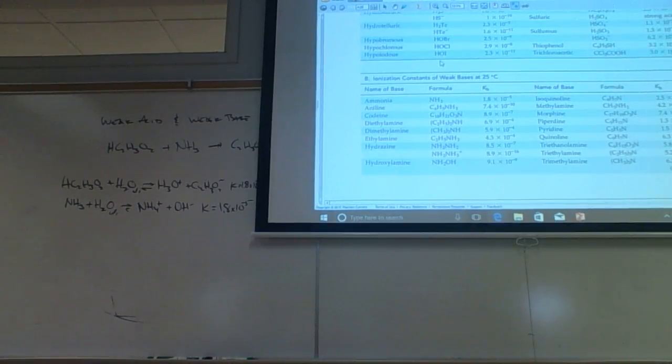And so let me ask you this to see how well you understand this. This is called methylamine, where we replace a hydrogen with what we call a methyl group. This is a methyl group. And so comparing methylamine with ammonia, which one should be a stronger base? Methylamine or ammonia?